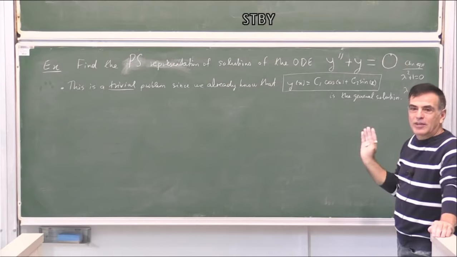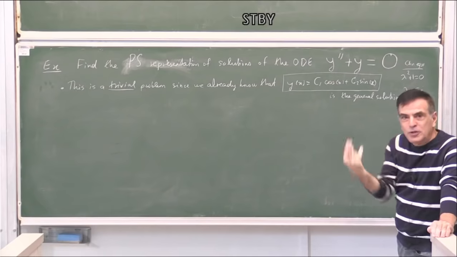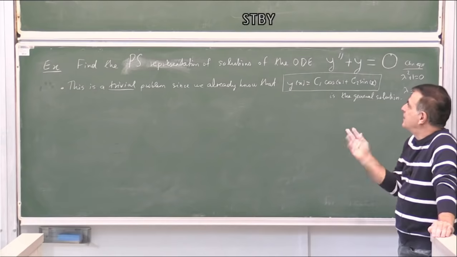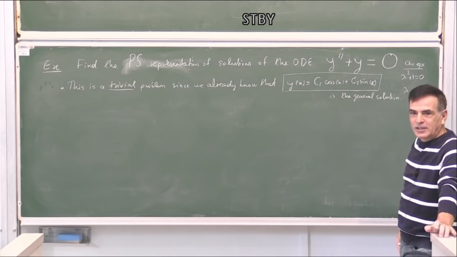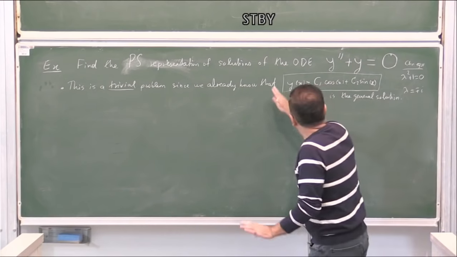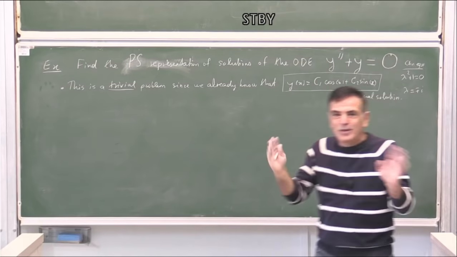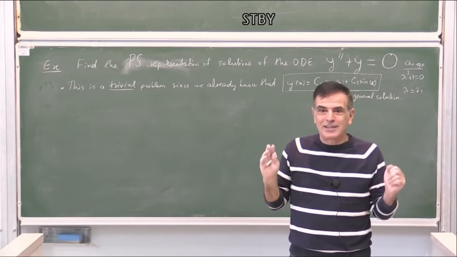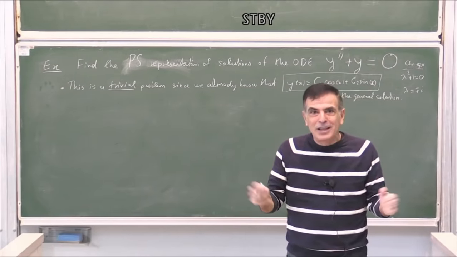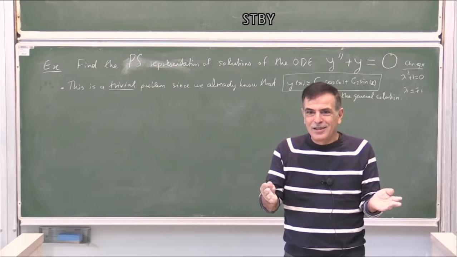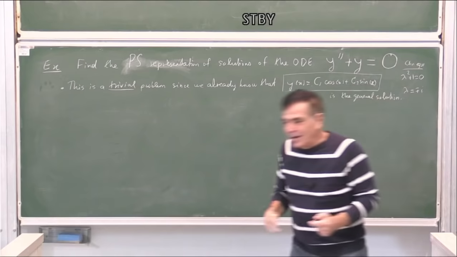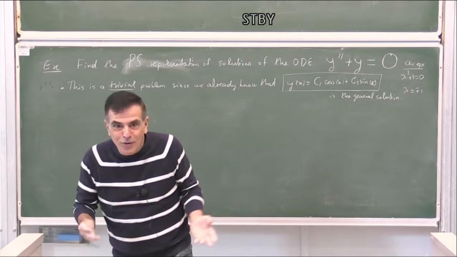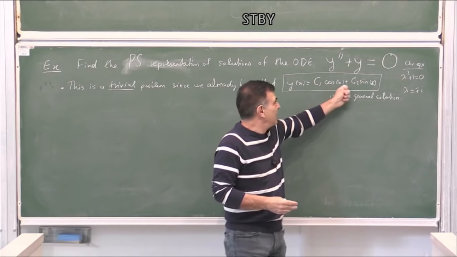But just to illustrate the procedure to find the coefficients in a proposed power series, we consider first this example, which is a trivial example. Now forget about this, or assume for a moment that cosine x and sine x are functions which have not been discovered yet. Okay? So if cosine x or sine x have not been discovered, of course, we couldn't write the solution in this form.